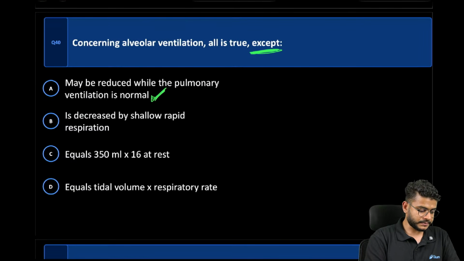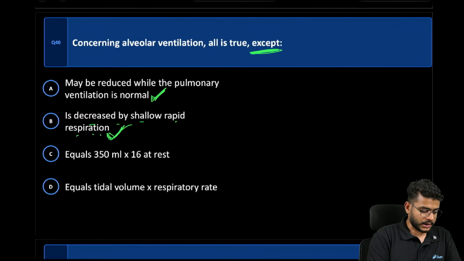Is decreased by shallow rapid respiration. No, it's increased. Sorry, it is decreased by the shallow rapid respiration. Yes, alveolar ventilation is decreased by the shallow rapid respiration.